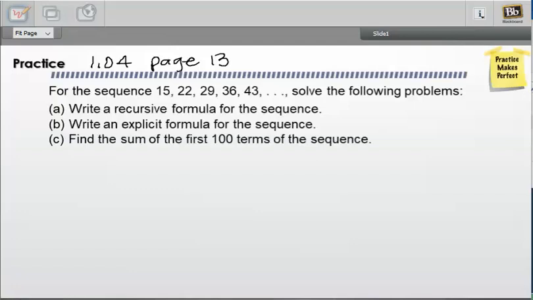Welcome. Okay, so what we went over in general session on Monday was when we have a sequence, we learned how to write a recursive formula and then how to take the information in that recursive formula to write an explicit formula.